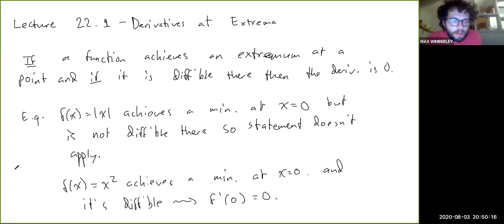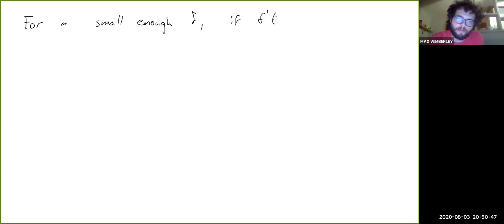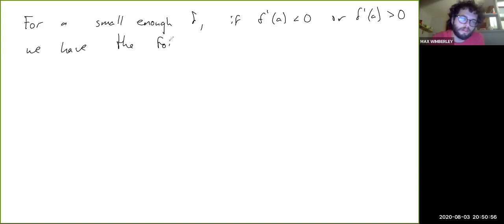Like I said, it's a familiar idea. The intuitive picture here, and this really is the basis of the argument too, is that for a small enough delta, if f prime of a is less than 0 or f prime of a is greater than 0, we have the following pictures.